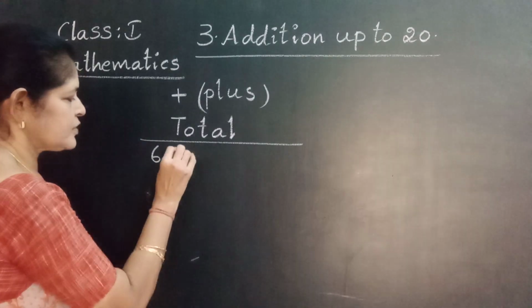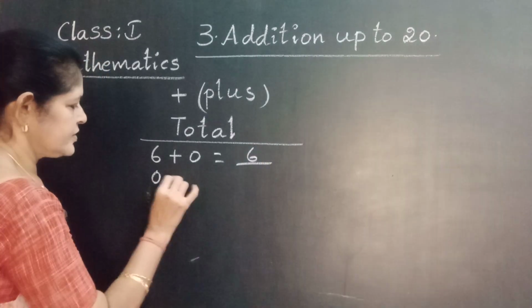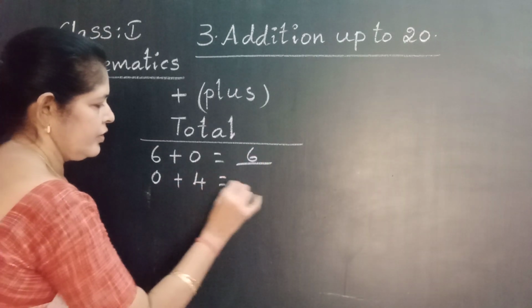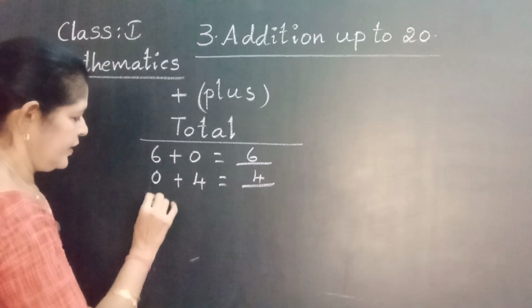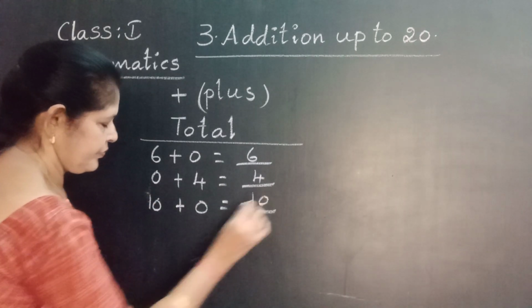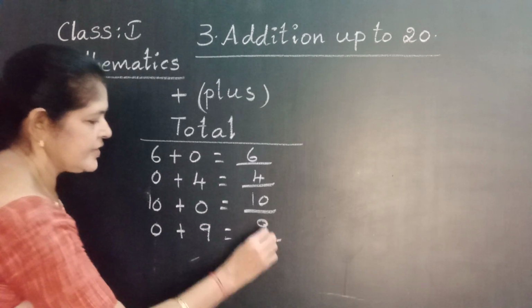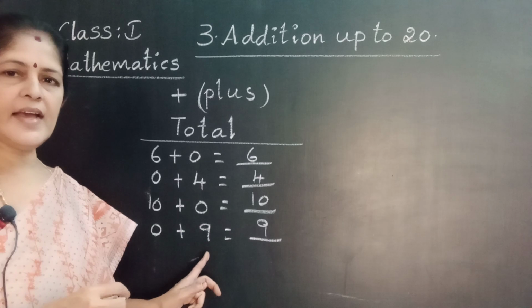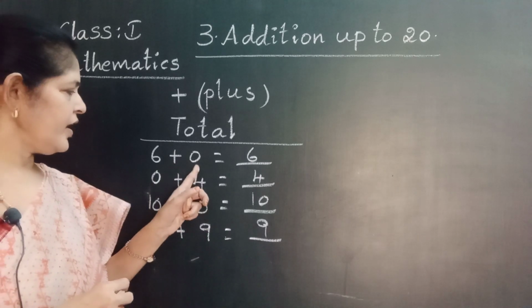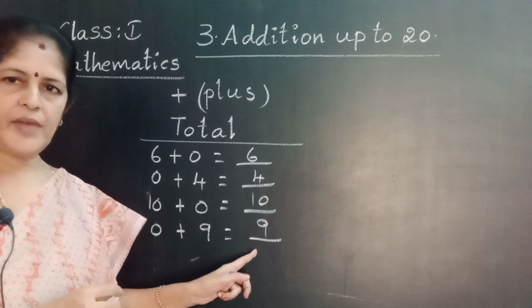See, 6 plus 0, 6. 0 plus 4, 4. 10 plus 0, 10. 0 plus 9, 9. This is the rule in the addition. When we add 0 to a number, we get the same number.